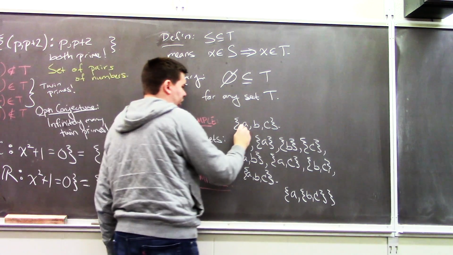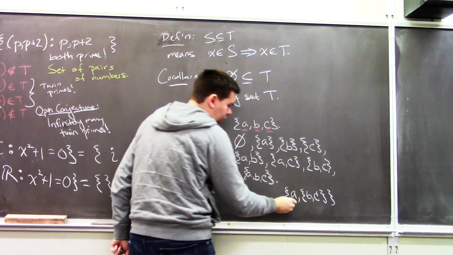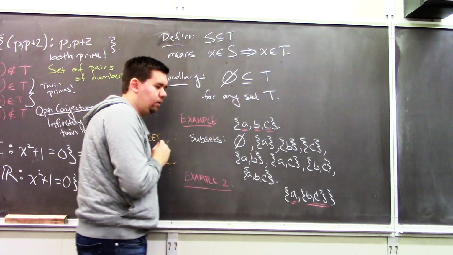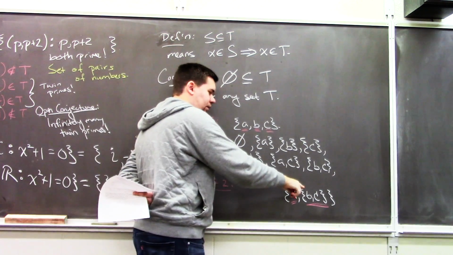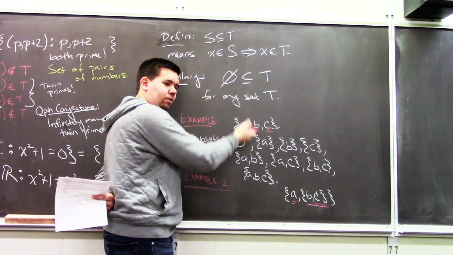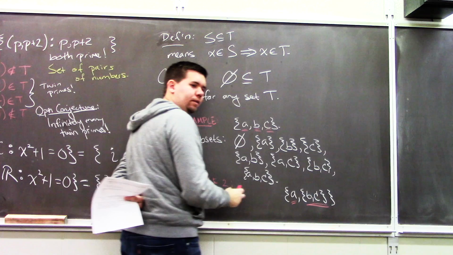Here we have three elements, element 1, element 2, element 3. Here we only have two elements, either A or the set containing B and C. One of the elements is itself a set. So not only can you put letters in sets or numbers in sets or pairs of numbers in sets, you can put a set inside a set.